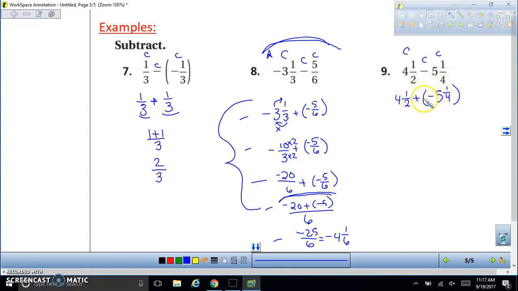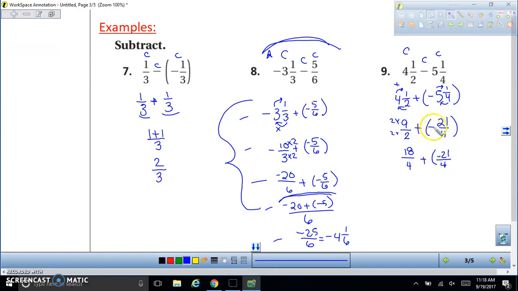Okay, I think it's easier to work with improper fractions, so I'm going to go from mixed numbers to improper fractions. 2 times 4 is 8. 8 plus 1 is 9, so 9/2 plus negative 5 times 4 is 20 plus 1 is 21. 21 fourths. Okay. Like bases is our next step. So I'm going to multiply by 2. Multiply by 2. 9 times 2 is 18. 2 times 2 is 4.